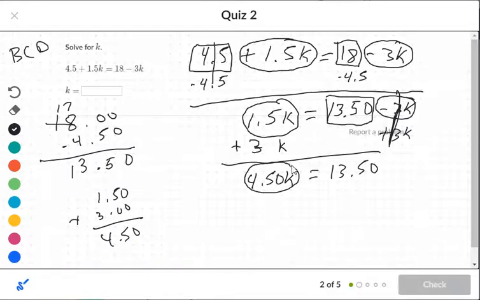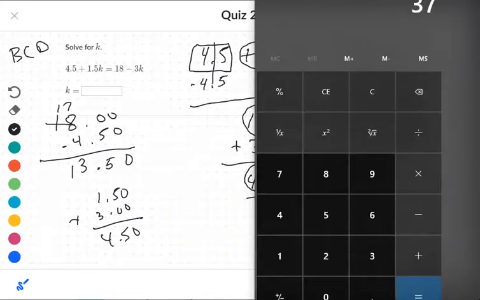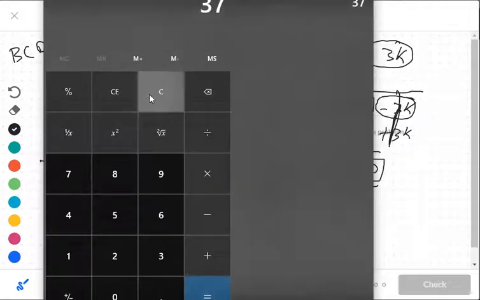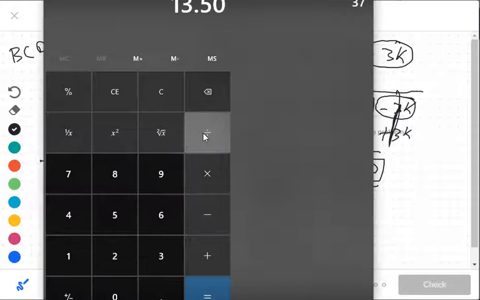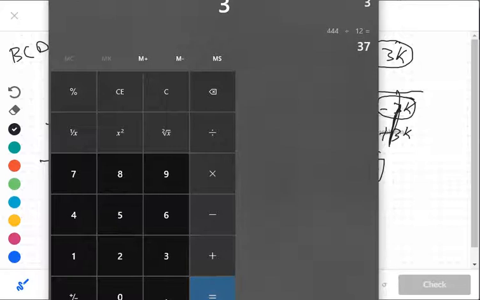Now if we check this, we have a circle and a box, so we can divide both sides by 4.50 to figure out what k would be. So we take 13.50 and divide it by 4.50, and this gives me 3.